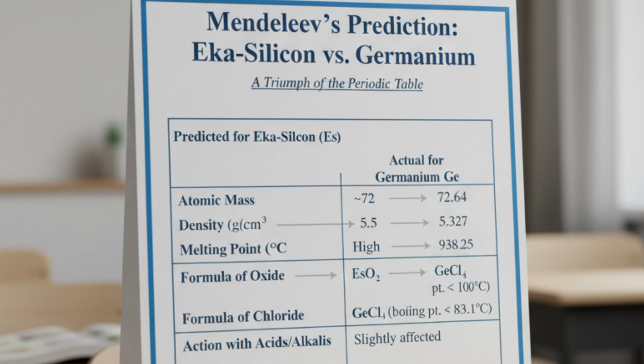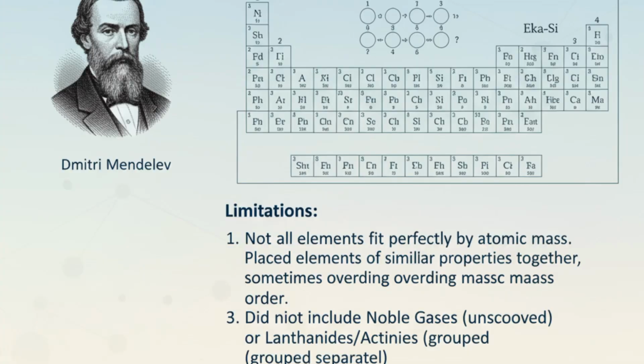Almost similar. Let's see the limitations: the position of isotopes, because he depended on atomic weight, and the anomalous position of some elements. Generally, Mendeleev's periodic law states that the physical and chemical properties of elements are a periodic function of their atomic weight.